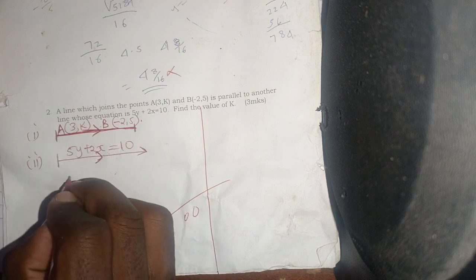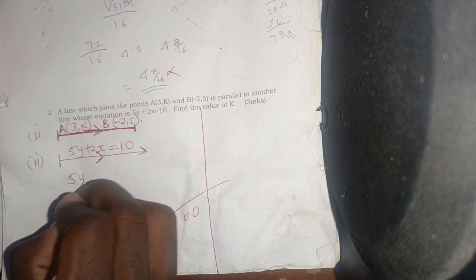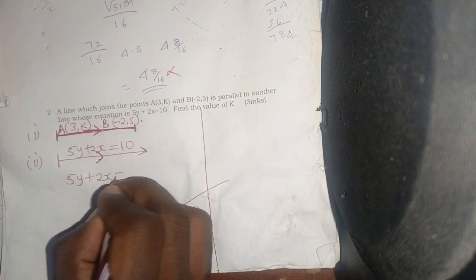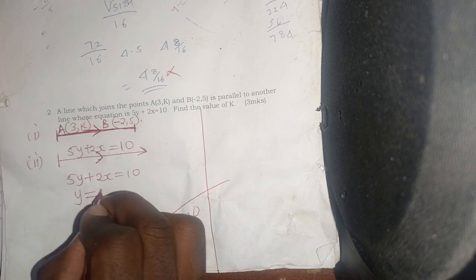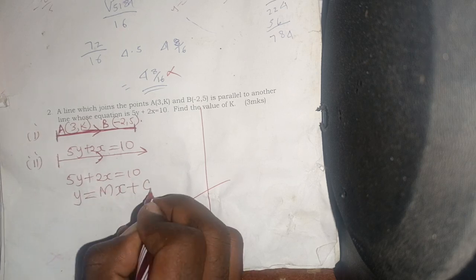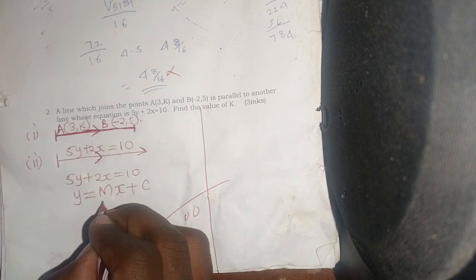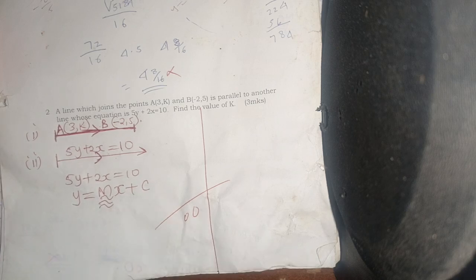So let's write down the equation: 5y + 2x = 10. For us to get the gradient of this line, we write it in the form y = mx + c, so that the gradient is m.